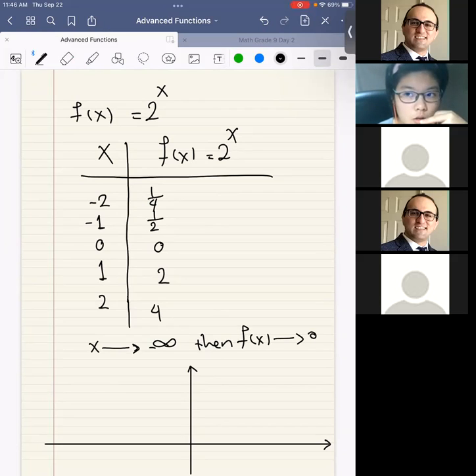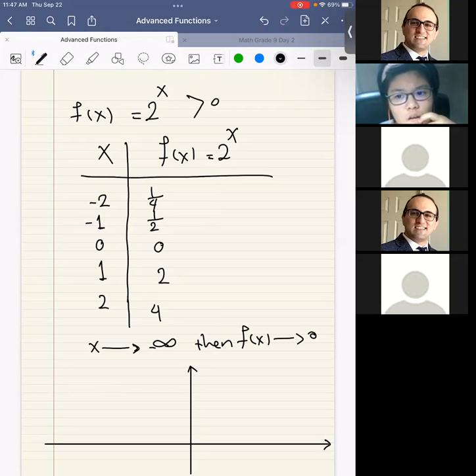But how should I express this by symbol? Symbolically, we just say the limit is 0. We don't put like 0 plus or minus.